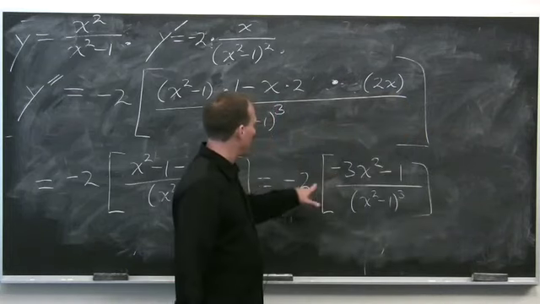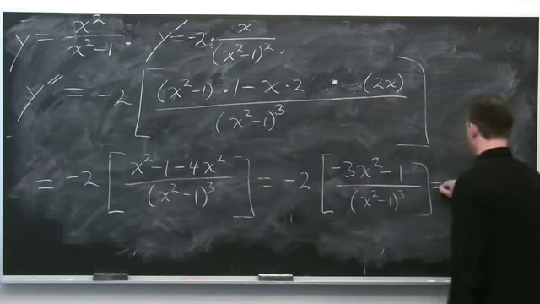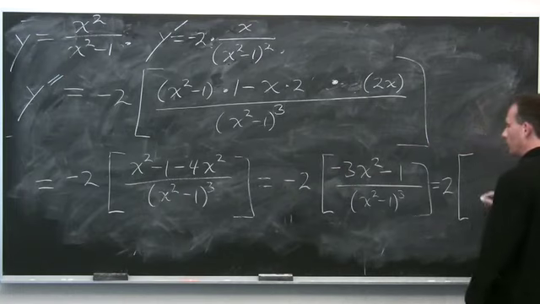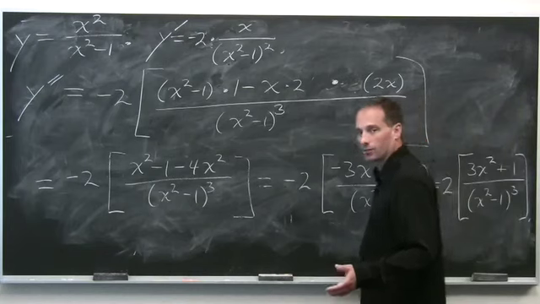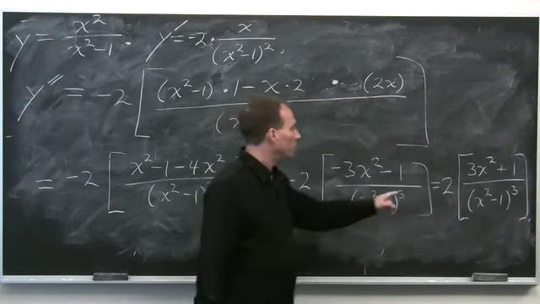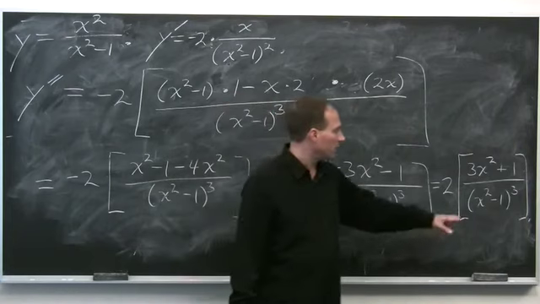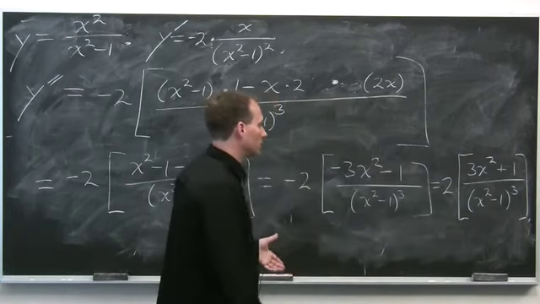We can pull out a minus sign here and write that this is 2 times, so pull out a minus sign, it cancels that one, 3x squared plus 1 over x squared minus 1 cubed. What we want to know is where this is positive and where it's negative. But the numerator, 2 is always positive, 3x squared plus 1 is always positive. It's completely the denominator that's determining where this is positive and where it's negative.